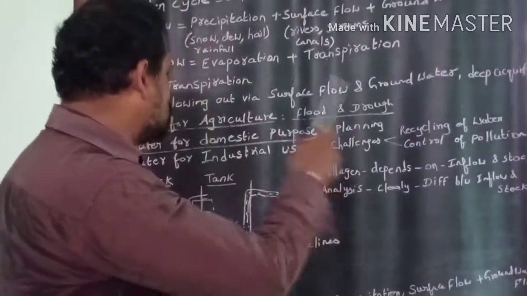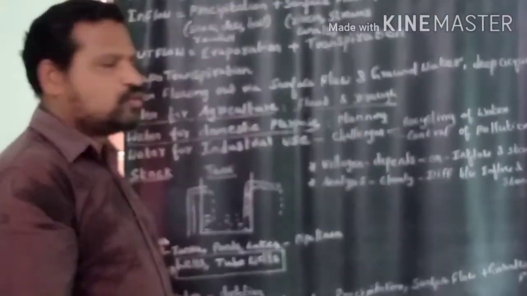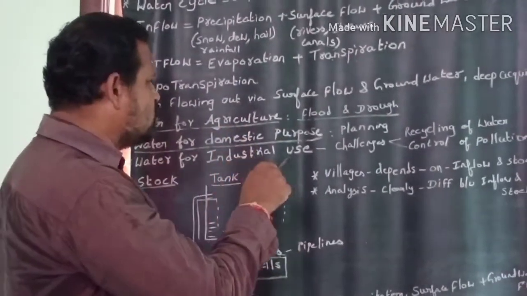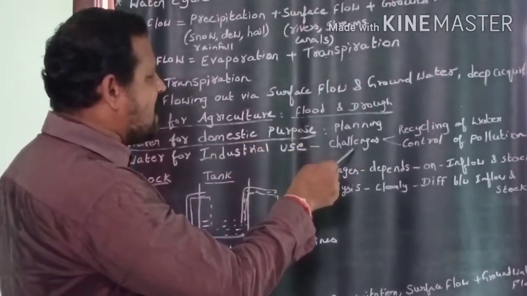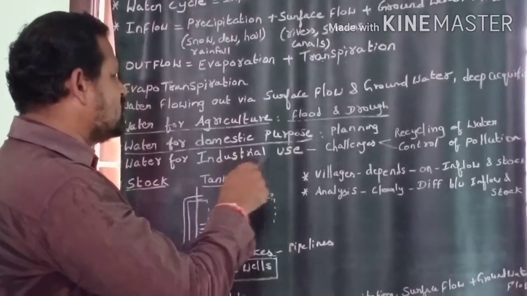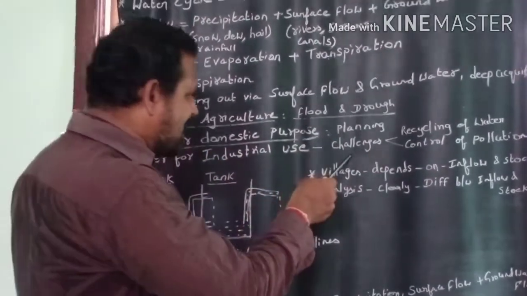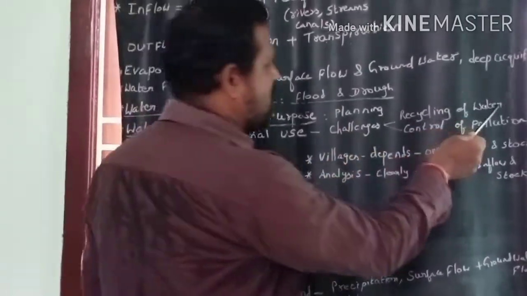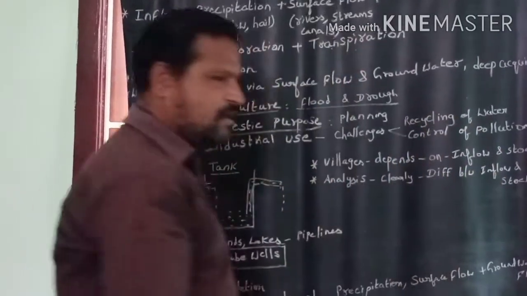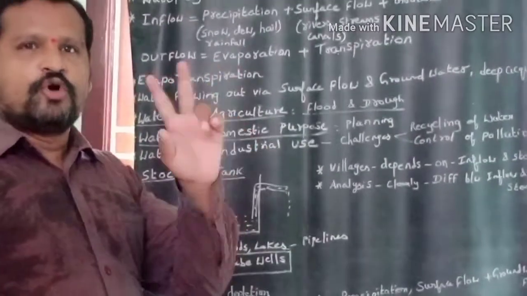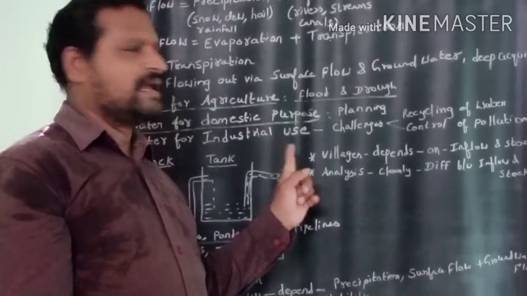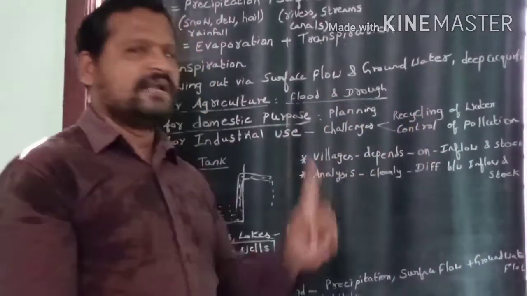The present challenging areas facing industrial use are recycling of water and control of pollution. That means to solve the two problems, the industry should take several measures, like recycling of water and control of pollution.